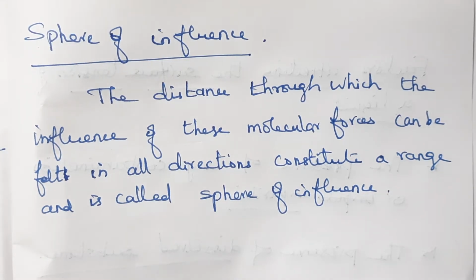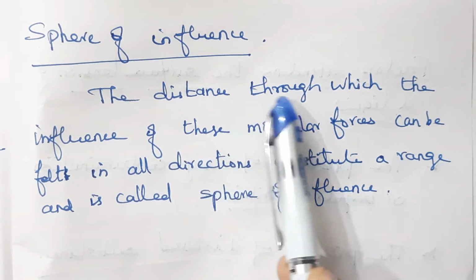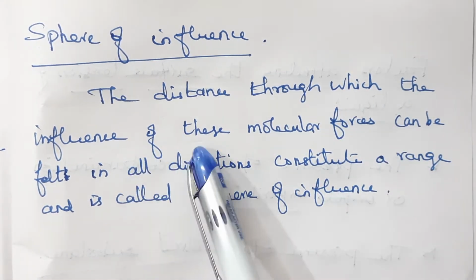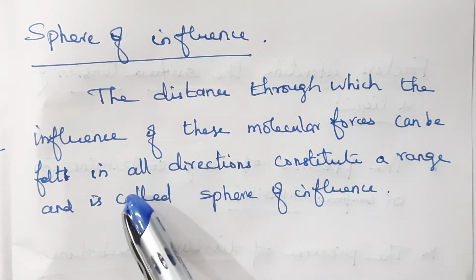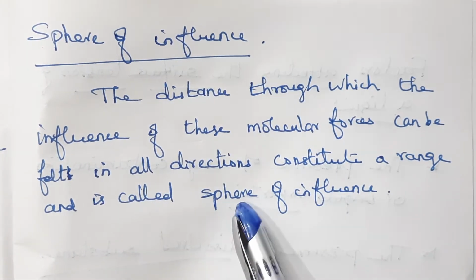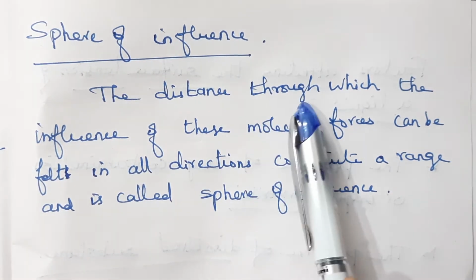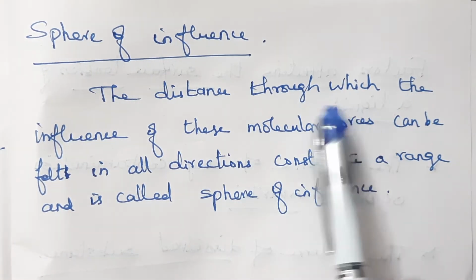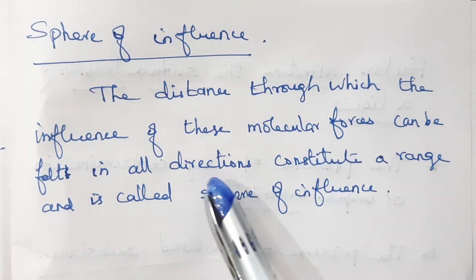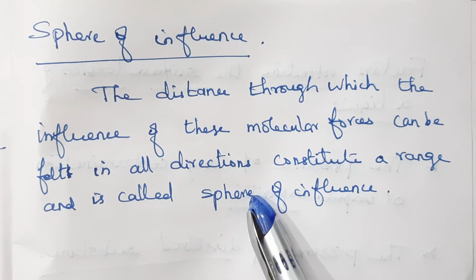One more concept, sphere of influence. The distance through which the influence of these molecular forces can be felt in all directions constitutes a range and is called a sphere of influence.